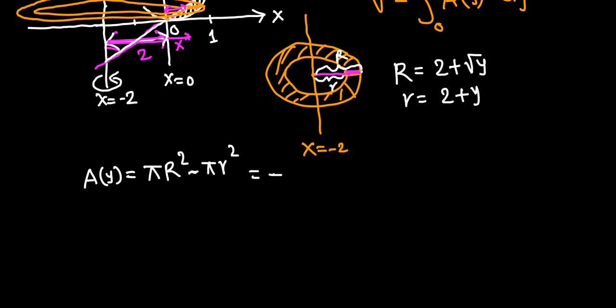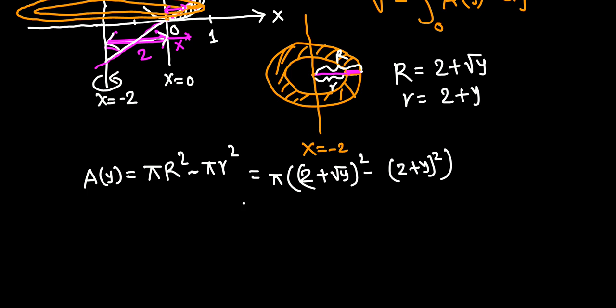We can factor pi out. R squared is 2 plus root y squared, minus, with pi factored out, lowercase r squared, 2 plus y quantity squared.